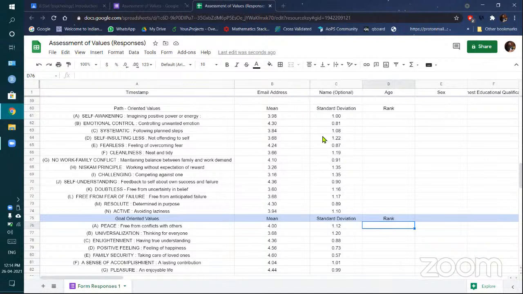Okay. So 1 and 2 added, that means 3. 3 divided by 2. What is that? 1.5. So you write down 1.5.